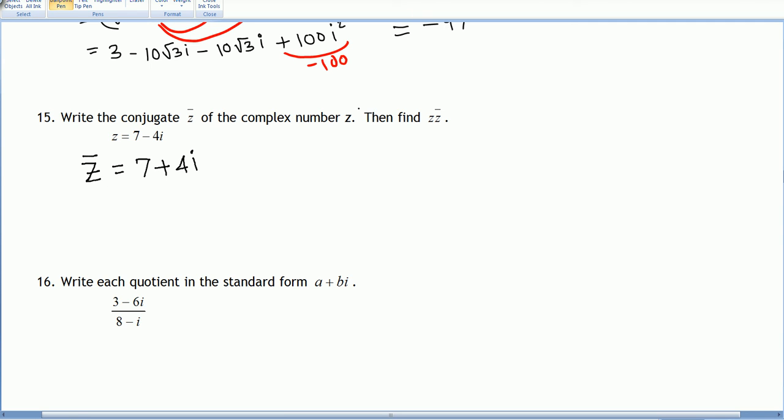Next, find g times g bar. There is no sign, which means multiply: 7 minus 4i times 7 plus 4i. Just distribute.